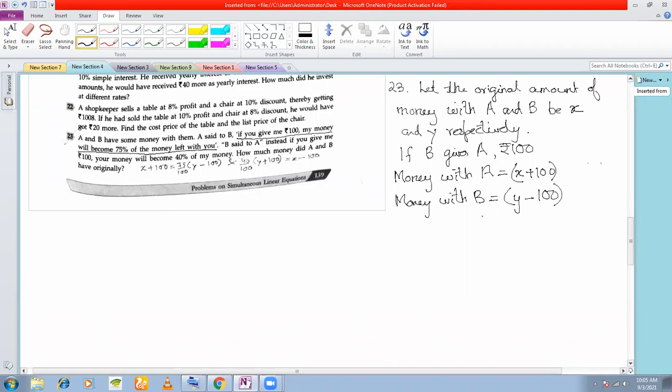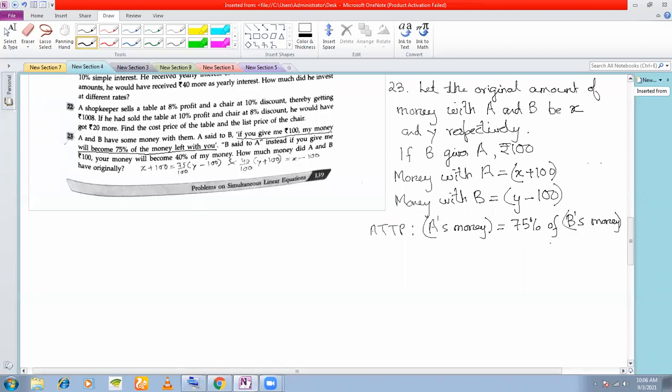Okay. Now see, if you read this sentence, it says that if you give me rupees 100, my money will be 75% of the money left with you. My money means A is saying my money will be 75% of the money left with you. That means, according to the problem, A's money is equal to 75% of B's money, right?